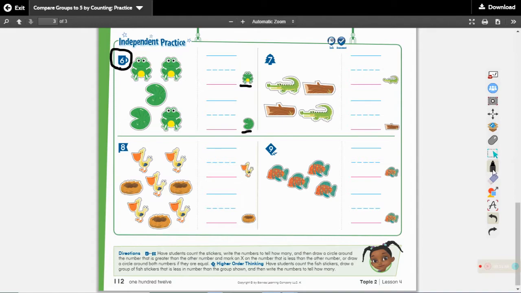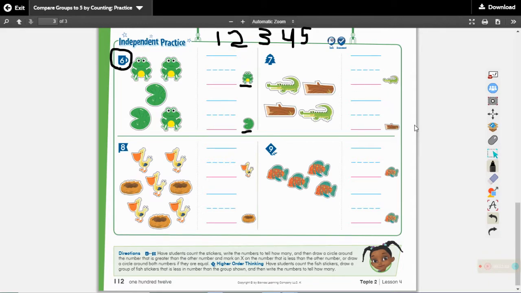I'm going to go ahead and write a number line up here. And you need to look at these numbers and see which one is smaller, the less than one, the one that's smaller that comes first in our number line.